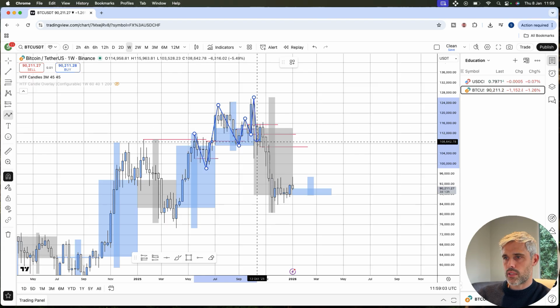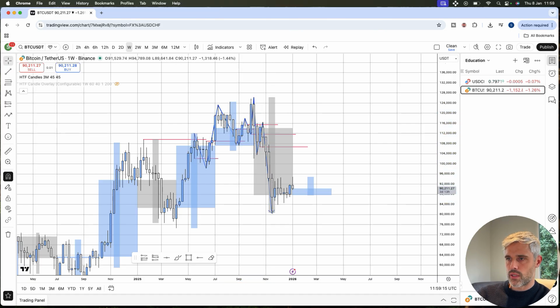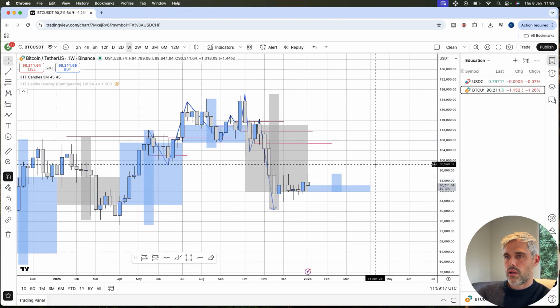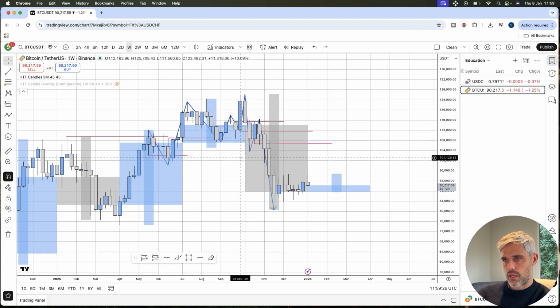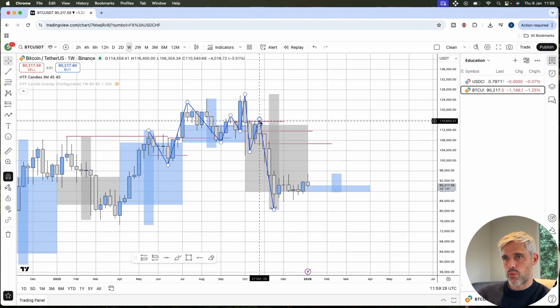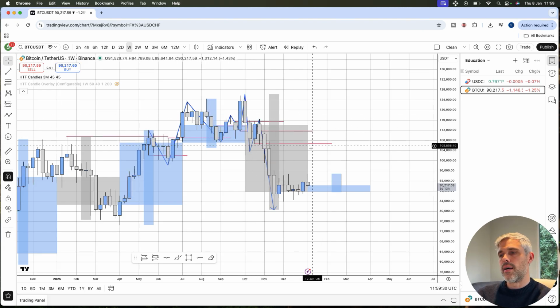Instead of being respected, it gets traded through. We have now the last buy pressure before the sell action gets traded into, and then we get this move down here. So when we were talking about how to trade the lower time frame on Bitcoin earlier, this would have come into any thinking that we're actually reacting from a bearish weekly order block.